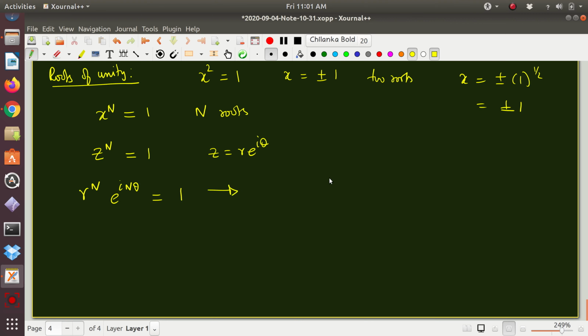Right, so r to the n e to the i n theta, 1 can be written as 1 times e to the i pi 0, right, or e to the 0. So r to the n is 1 and e to the i n theta is also e to the 0, which is 1.